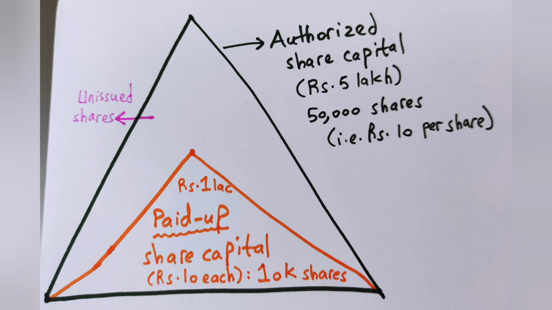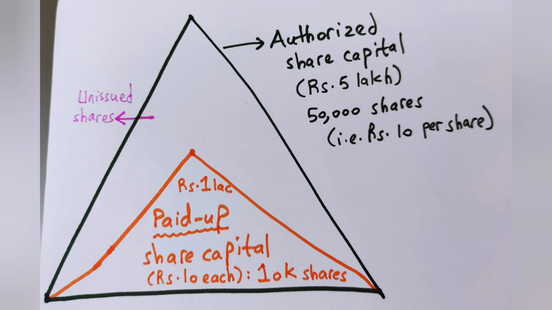However, there's a procedure related to it, and it kind of involves getting members' permissions and everything. So just remember that authorized share capital can surely be increased. However, it's better to have a decent amount set as your authorized share capital in the beginning, so that you don't have to increase it very soon after starting the company.